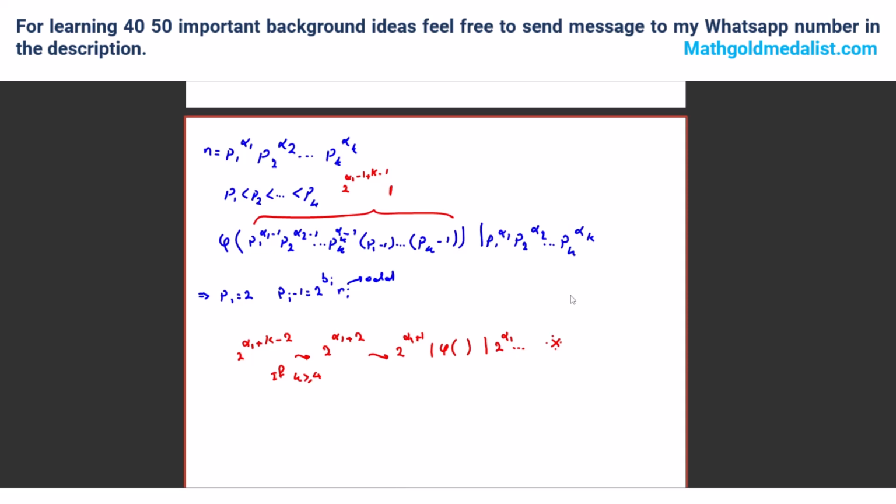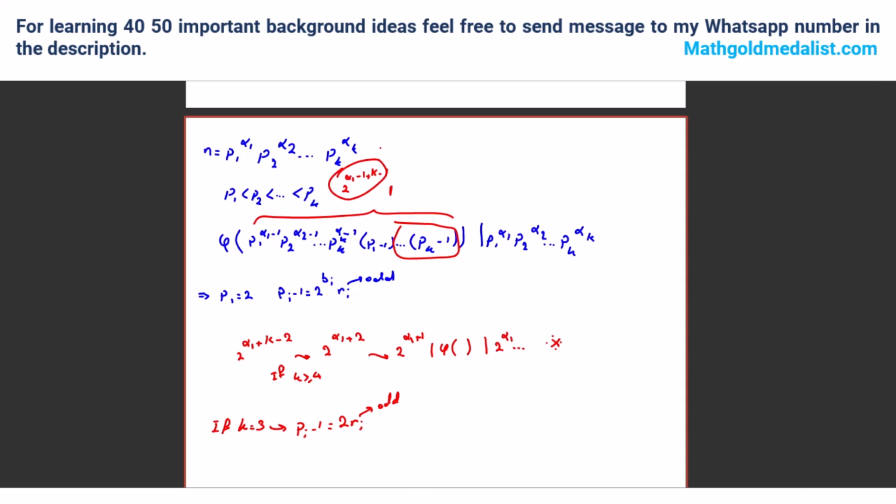P1 will be 2, and then you can let p_i be 2 raised to b_i times r_i. If k is 3, we can conclude p_i minus 1 is 2 r_i. The power of all of them is 1, right? Because if all of them are equal to 1, do you agree?